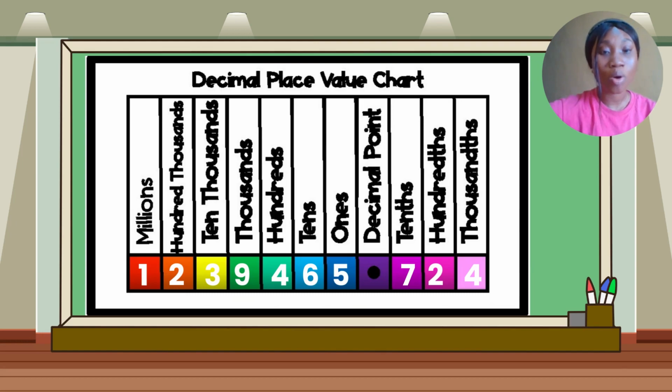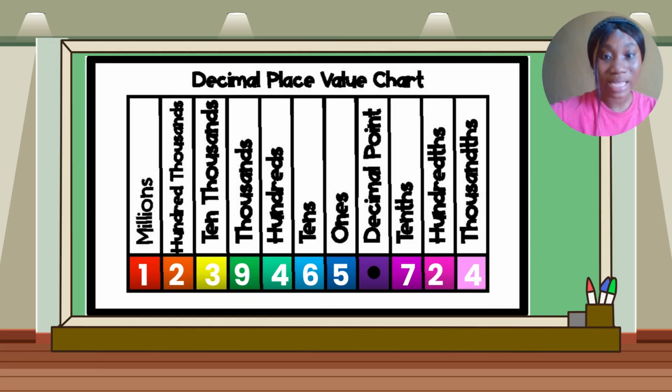So let's start with the whole number part. The whole number part is the part that comes before your decimal point. We have the smallest place value, which is ones. In the ones place, I have 5. In the tens place, I have 6, and that is 6 times 10, which is 60. In the hundreds place, I have 4, which is 4 times 100, 400.